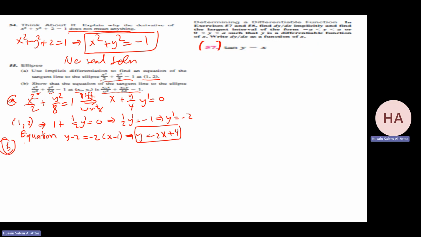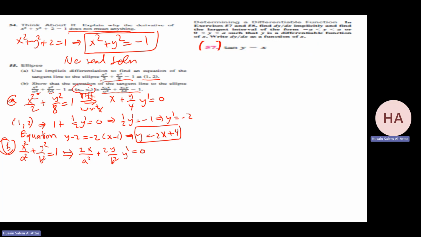So we'll do the same thing. I have x squared over a squared plus y squared over b squared equals 1. Now differentiate with respect to x. I have 2x over a squared plus 2y over b squared y prime equals 0.